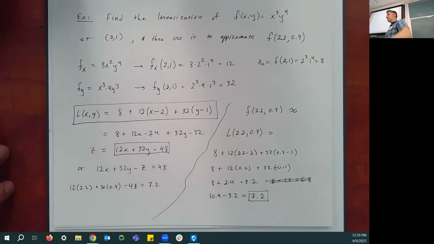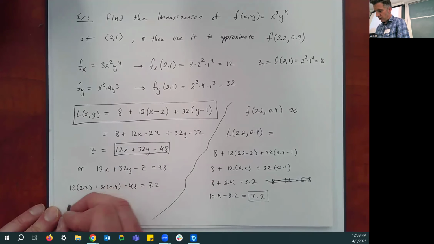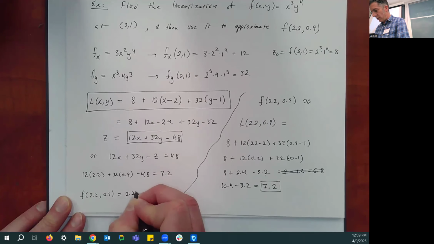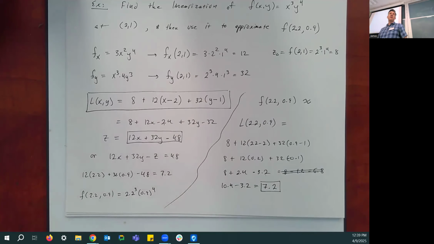I always like to check to see how close I was. So we actually plugged in f of 2.2 comma 0.9, which would be 2.2 cubed times 0.9 to the fourth. Not that it would be impossible to do this by hand, it would just be tedious, right? 2.2 to the third is doable, but not fun. Same for 0.9 to the fourth.